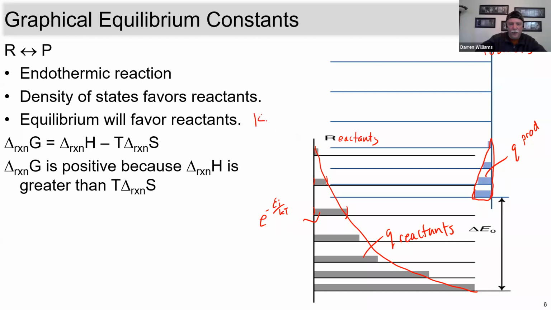And so if K is equal to Q products over Q reactants, can you see that this is a small number over a large number? And so that's going to be less than 1. And since it's less than 1, then we're going to have more reactants than we have products. So hopefully you can see how this would give us our equilibrium constant, this ratio of partition functions, that nature is going to come to thermal equilibrium.